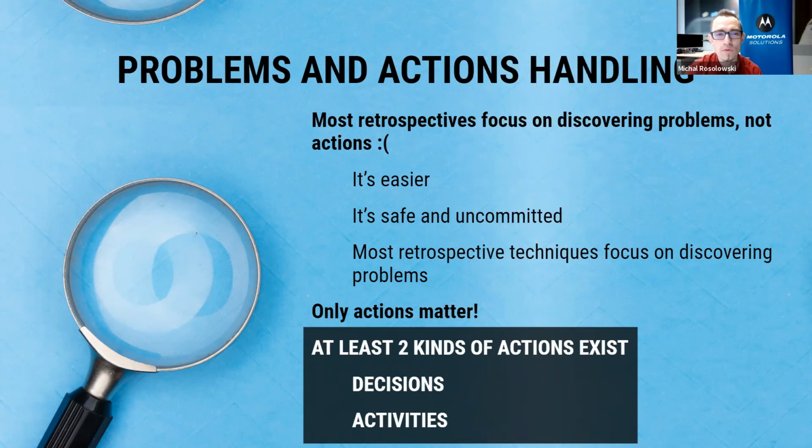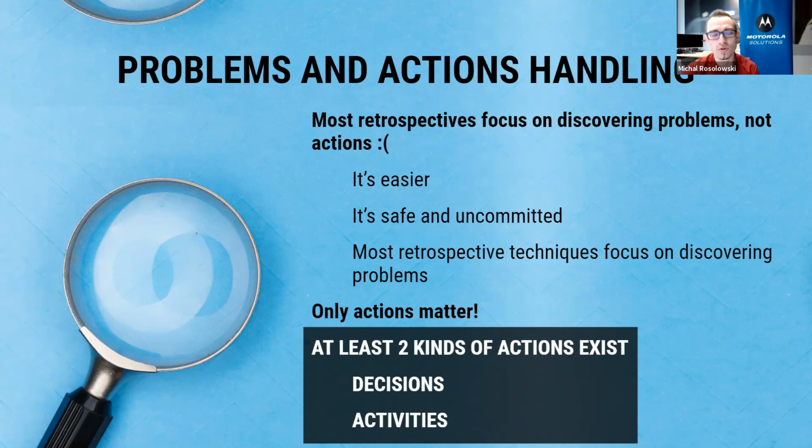Even most of the retrospective techniques that I know, including Liberating Structures, focus on discovering problems. So problem discovery is easy. If you ask a 100-person organization, they will immediately generate 500 problems for you. That's really easy. And the problem is that only actions matter.